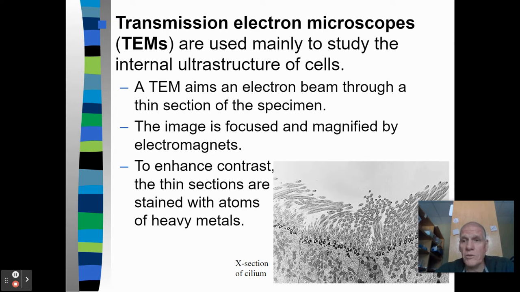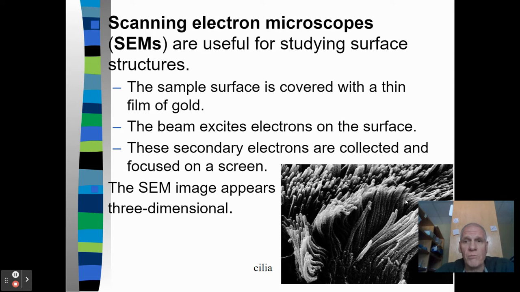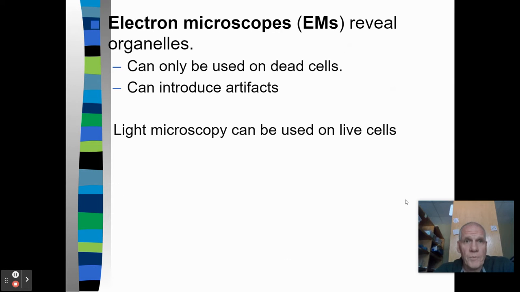Those images are much more detailed. However, they're very expensive microscopes, tens of thousands of dollars, hundreds of thousands of dollars for some of these. But they do make beautiful images that we can use sometimes, and we'll look at some of those a little bit later.